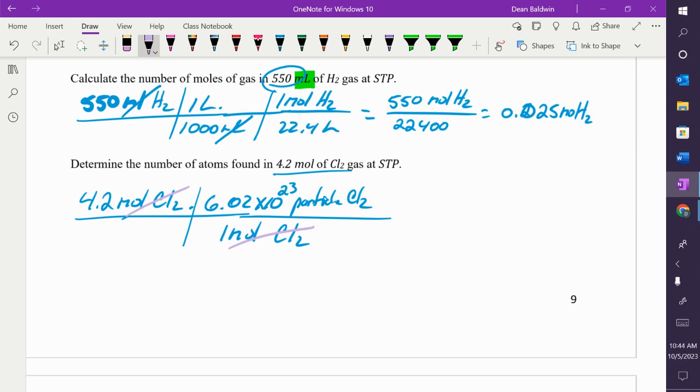So what do I have to do? How many atoms are in a chlorine gas molecule? 2. So 1 particle or molecule of Cl2 has 2 atoms of Cl. So you have to multiply your answer by 2. How many sig figs in our final answer? 2, right? So it should be 5.1 times 10 to the 24 chlorine atoms.